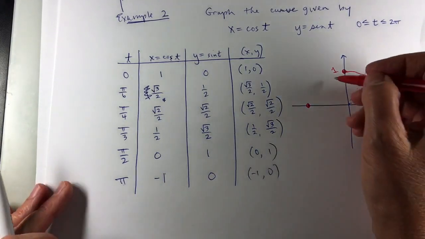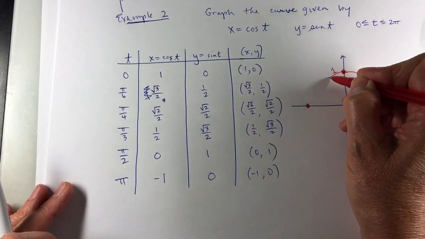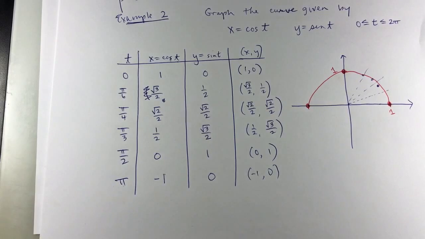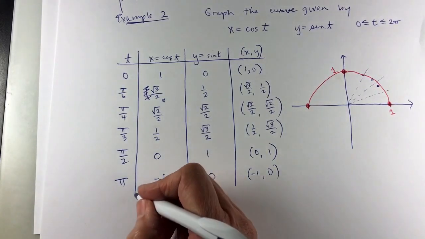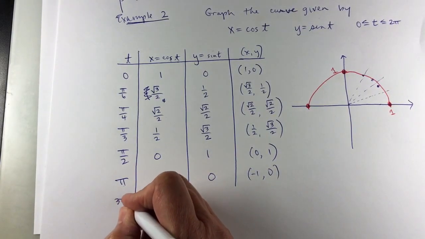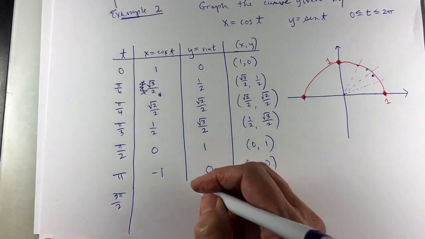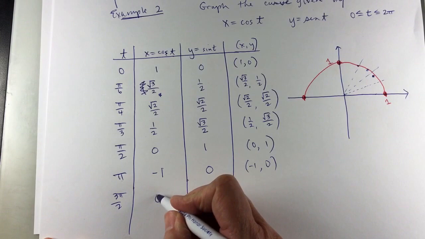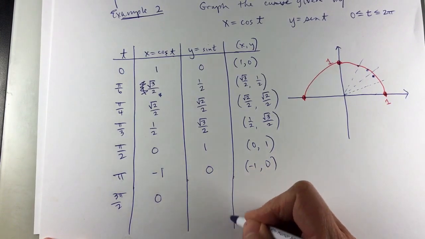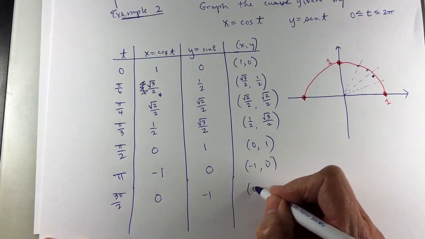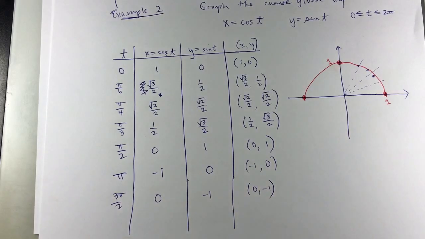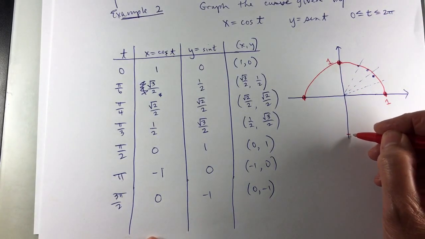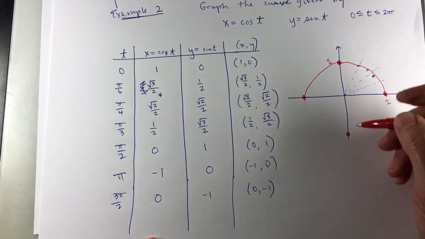And again, I didn't pick those intermediate values, but it's going to circle around to there. And then I want to pick 3 pi over 2. What's the cosine of 3 pi over 2? 0. And the sine is -1, so 0, -1. All right, that's going to be at -1 on the y-axis.